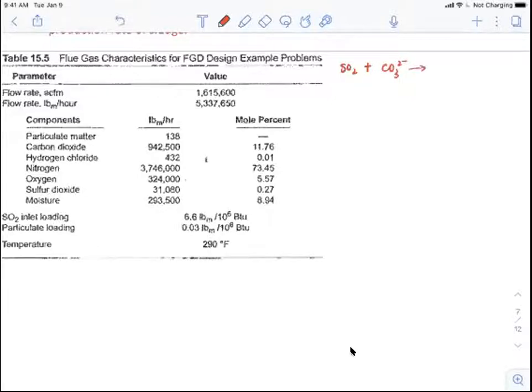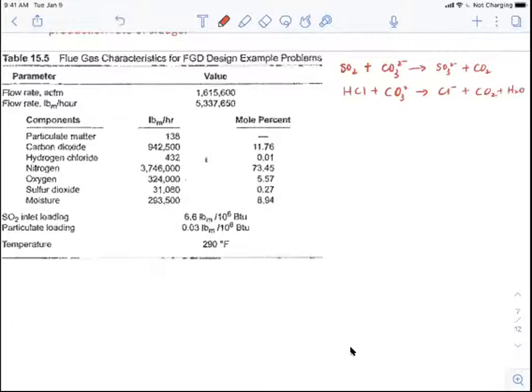For this reaction, it's forming sulfite ion and carbon dioxide. Similarly, the hydrogen chloride is also reacting with the carbonate ions, forming chloride ions, carbon dioxide and water.